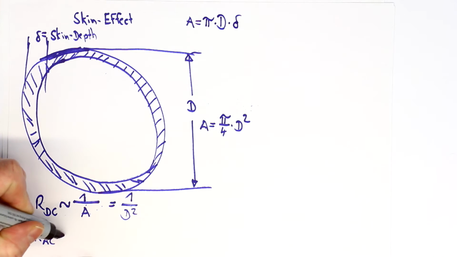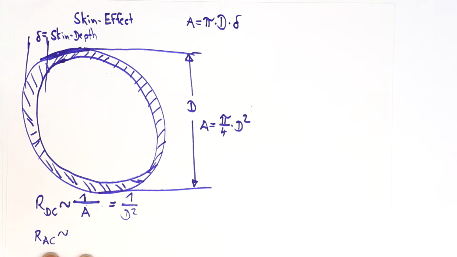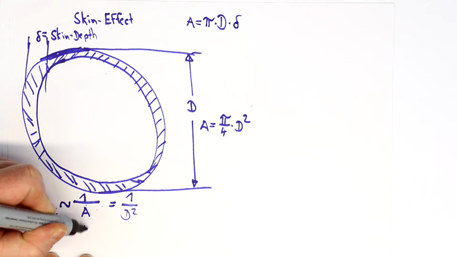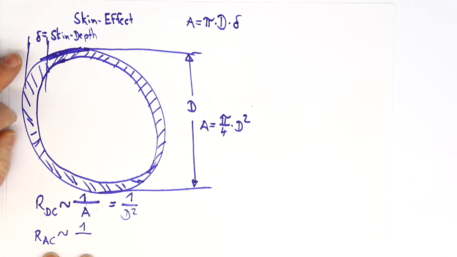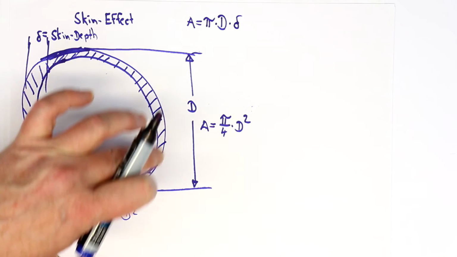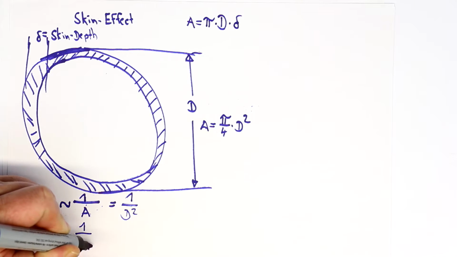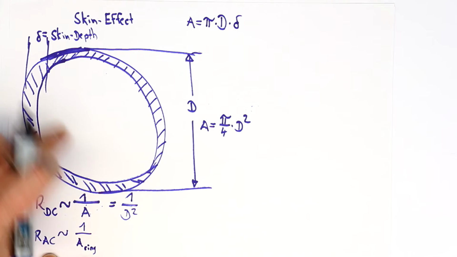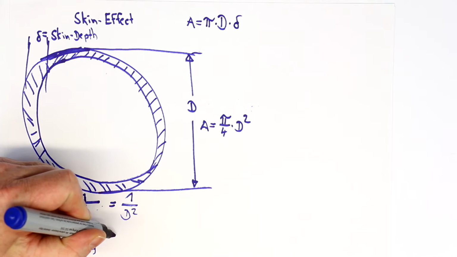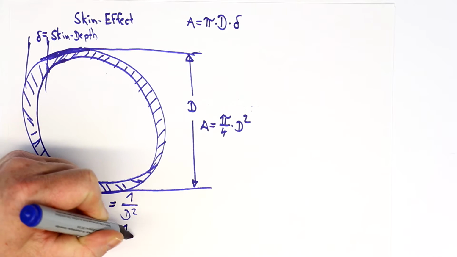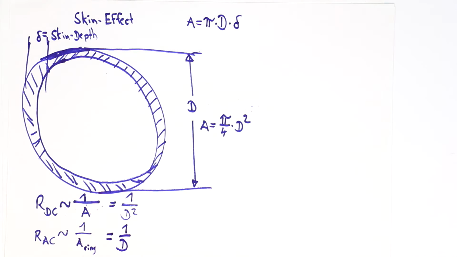And that means for AC currents, now again the ohmic resistance goes down with the surface area, but this time of the ring and not of the whole circle, and that is only proportional to 1 over d.